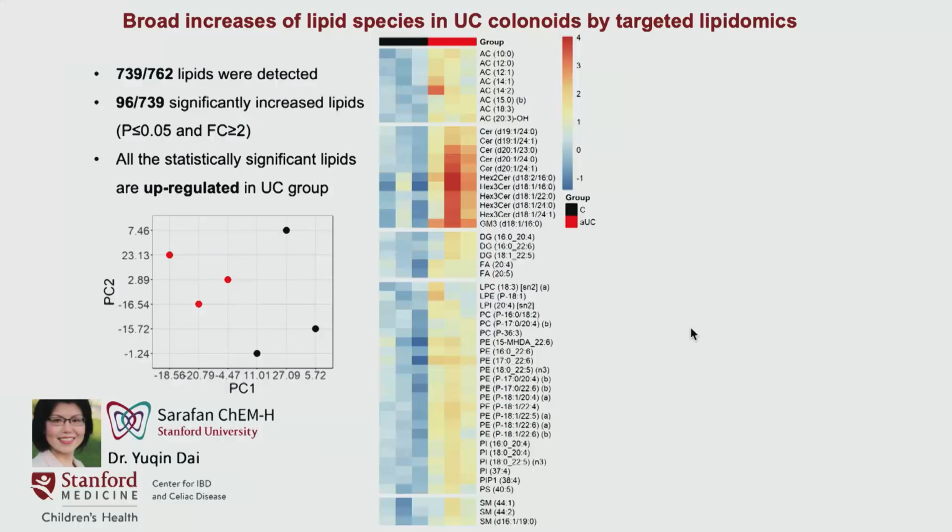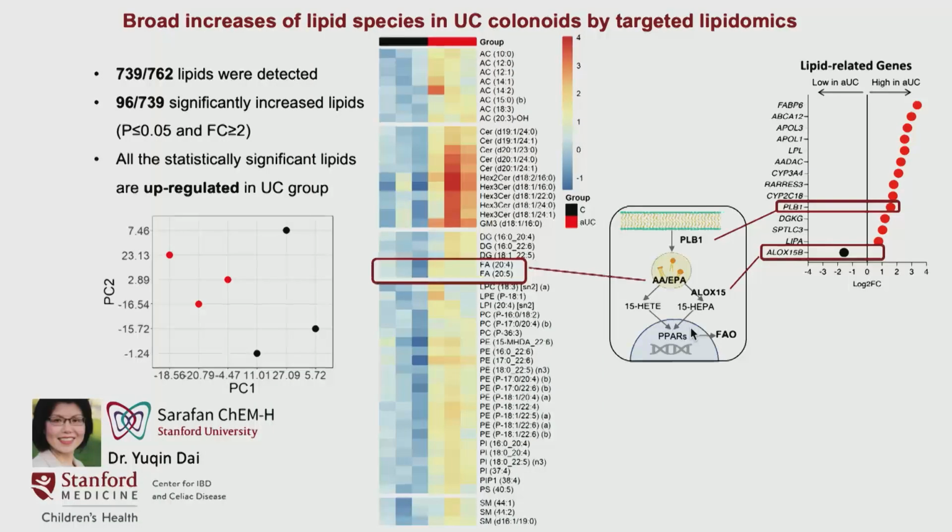With this massive accumulation of lipids, we only see 2 free fatty acids, which are arachidonic acid and EPA. These 2 lipids are aligned with our transcriptomics data, as we show here. Phospholipase B1 can dissociate arachidonic acid and EPA from the membrane lipids and was upregulated.